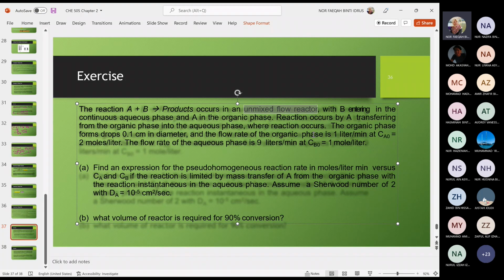In the previous question, the bubbles rise and stir the reactant, so we assume uniform mixing, and that's why the reactor can be modeled as a CSTR. Now, for an unmixed flow reactor, automatically we can model the reactor as a PFR.